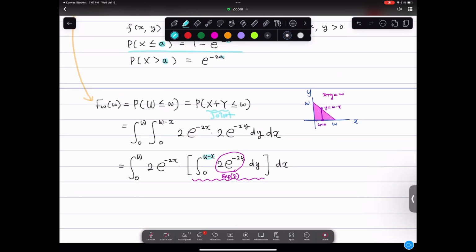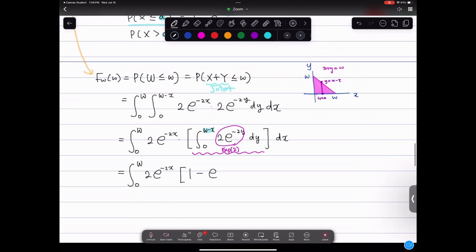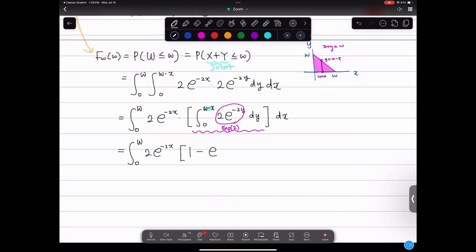So I have this expression that I can just use right away. So that becomes 0 to w. So inside the integral, that becomes 1 minus, and I replace this a with the whole w minus x, with a negative 2(w minus x) dx.